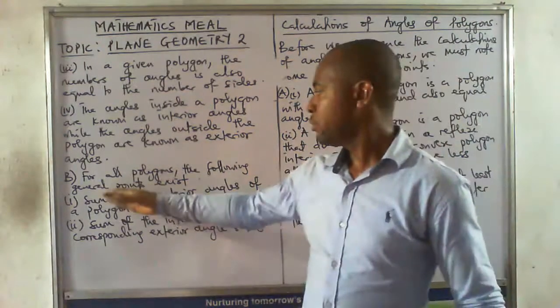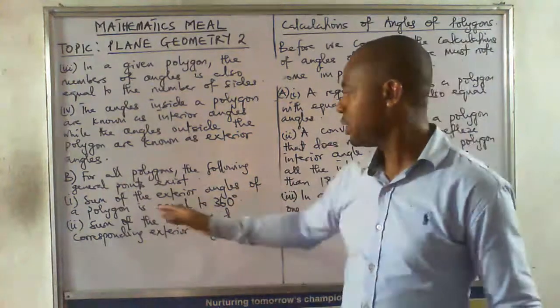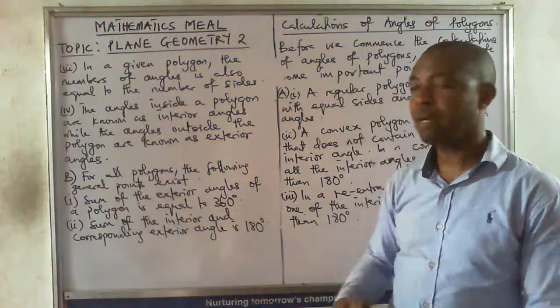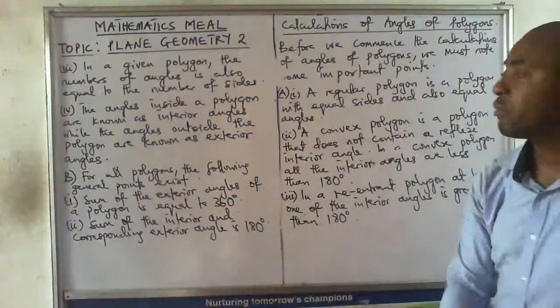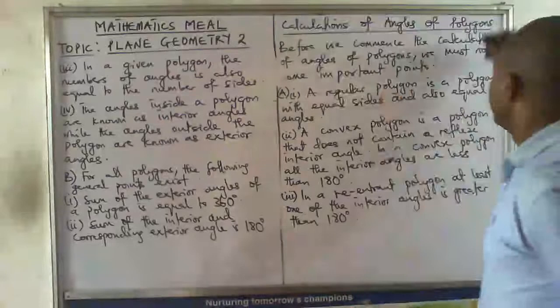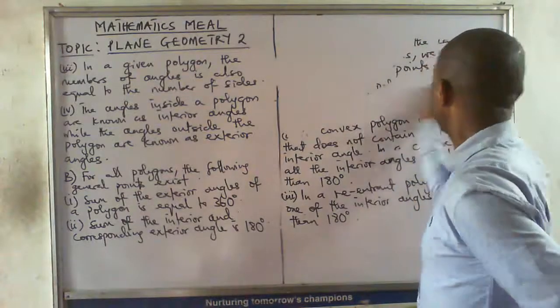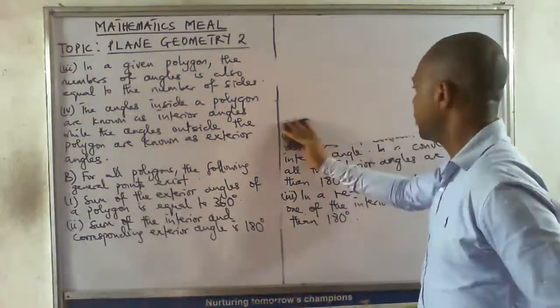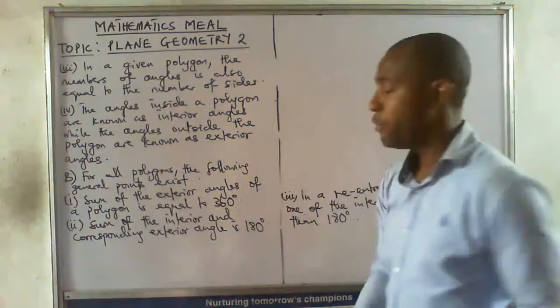Now, the sum of the exterior angles of a polygon is equal to what? 360. That means when you add all the exterior angles, you are going to have 360 degrees. Now, we have to move on to all these points. Before we start our calculations, we must take note of all these points. Very, very important.